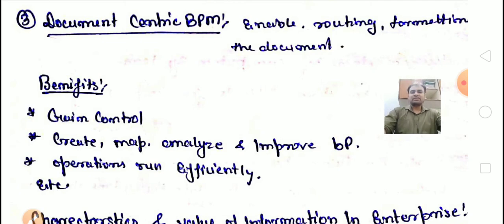So every time whatever business process you create, it will be mapped, analyzed and improved according to the BPM cycles. Last one is operations run efficiently, because here all the things are done systematically, so all operations run efficiently. So these are the benefits of BPM.